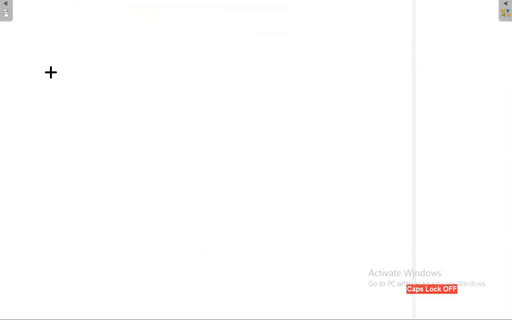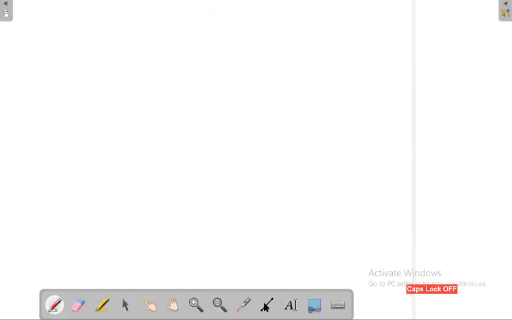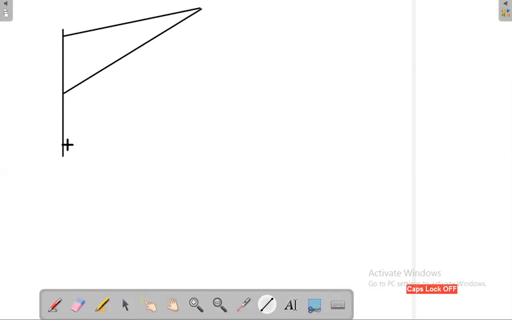Now we will see the electric field and potential due to the dipole.